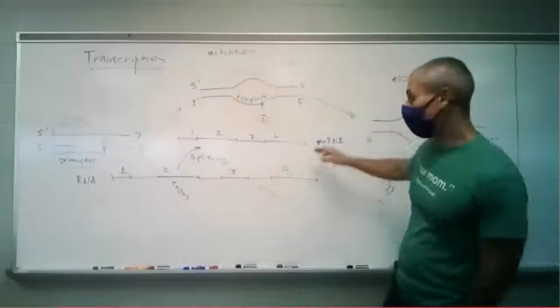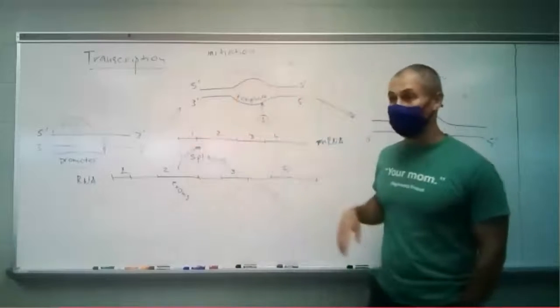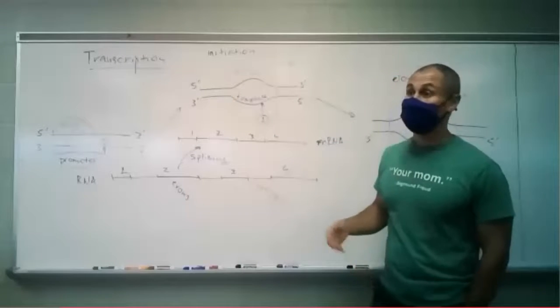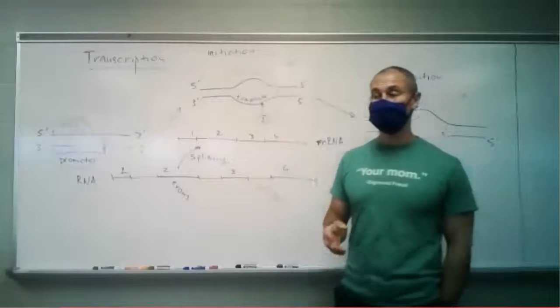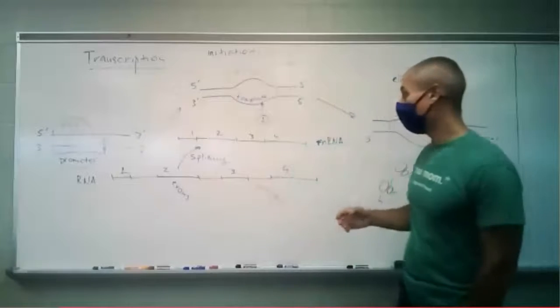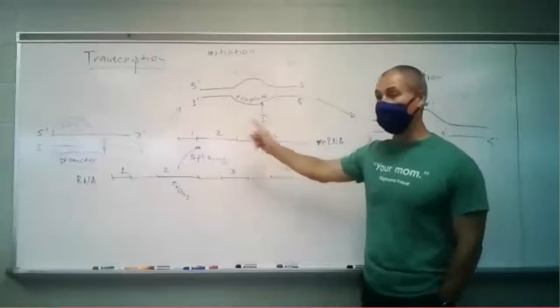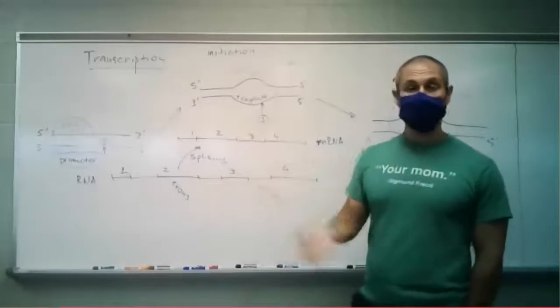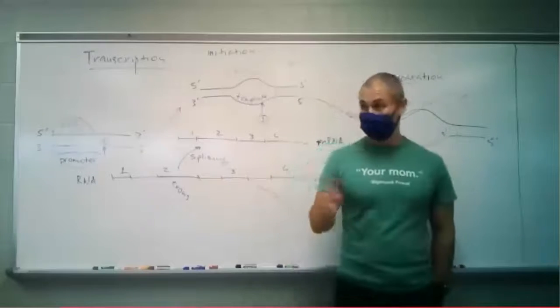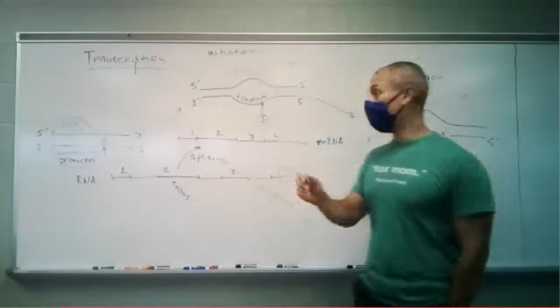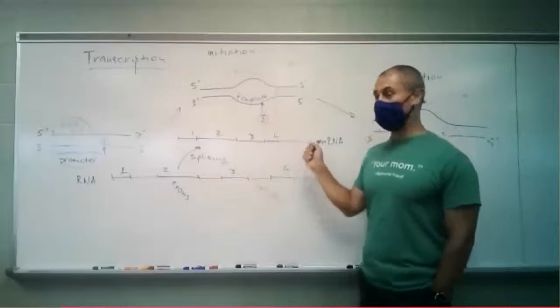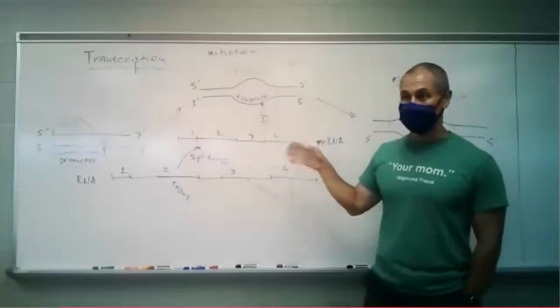Now, do you have to put together all 4 exons? Not necessarily. In the process that is called alternative splicing, imagine that instead of 1, 2, 3, 4, you have 1, 2, 4. Can it produce a functional protein? Yes. Will this 1, 2, 4 protein be different from the full length? Absolutely.